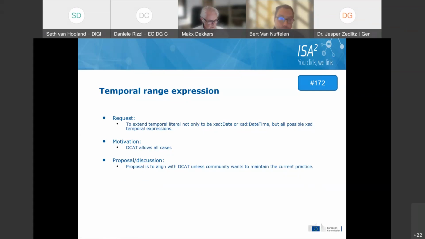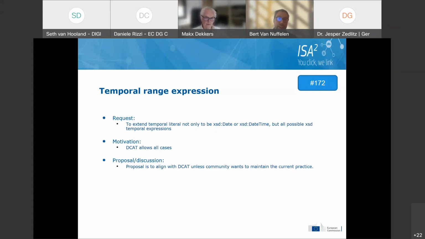Temporal range. Here we had a request: if we look at the temporal properties, then currently in DCAT-AP, the temporal properties are restricted to XSD dateTime or XSD date, so a union of two temporal serializations.